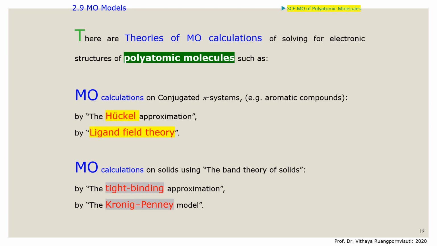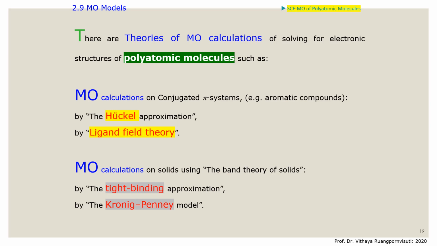For the compound or the complex, for the inorganic chemists, these compounds are calculated for their energy and geometry. They use the ligand field theory as the MO calculations.